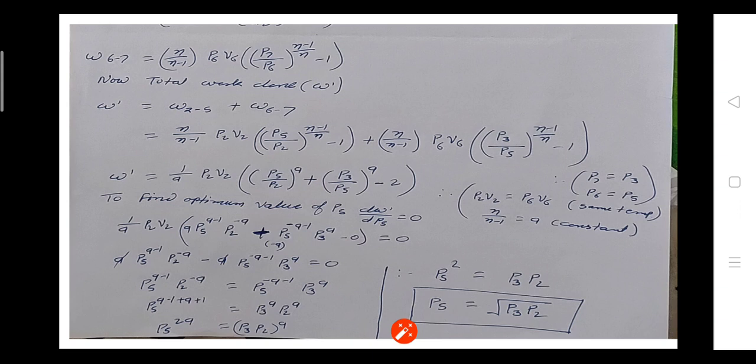That much variation in the value you can accept, because exactly you cannot take it. For deriving this equation we used the concept of the ideal gas equation, but in actual practice we are using refrigerants, and refrigerants are not ideal gases.